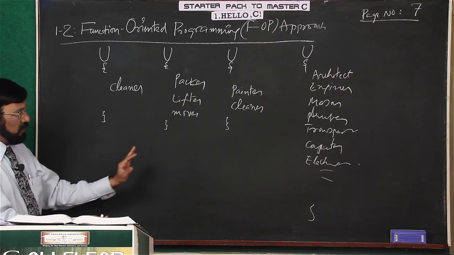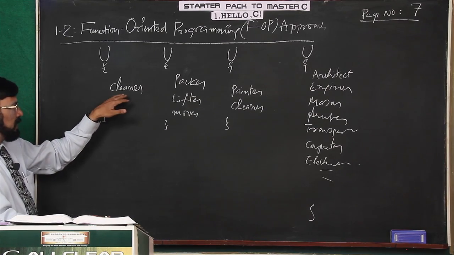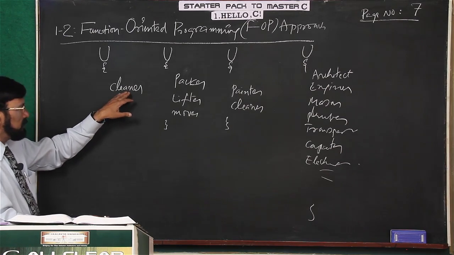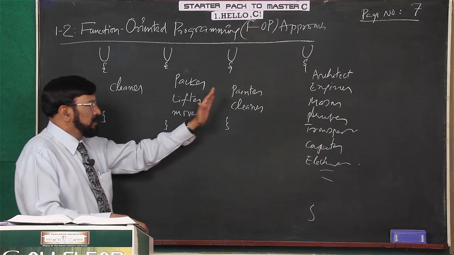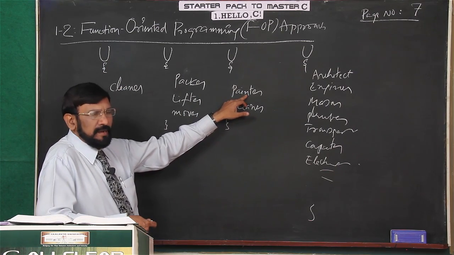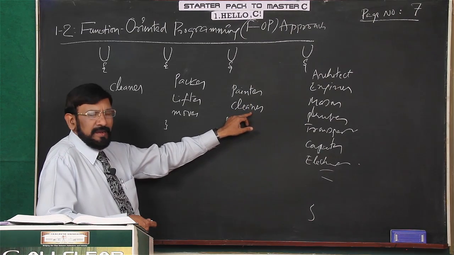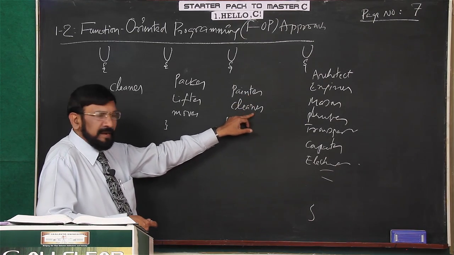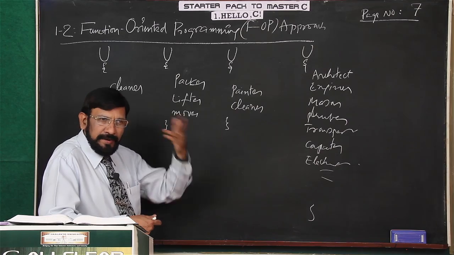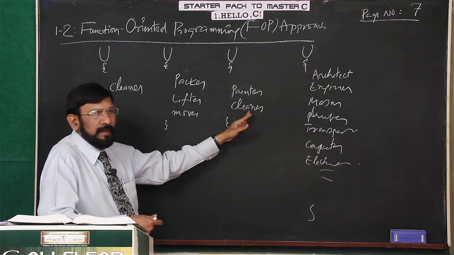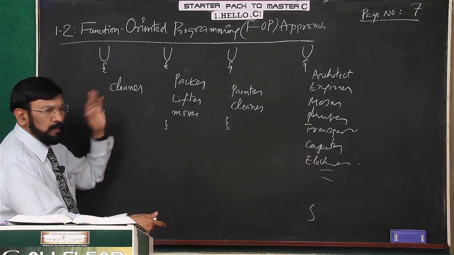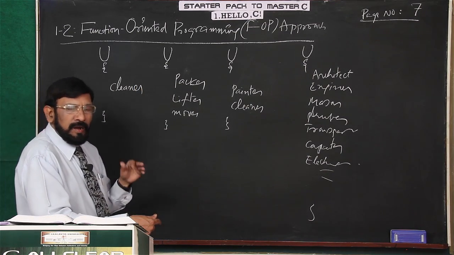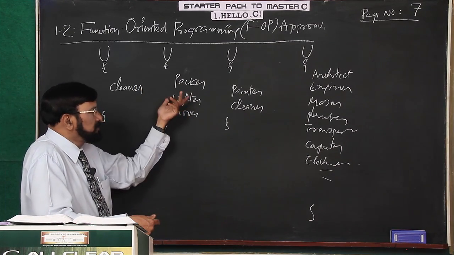So now let us analyze that. By the contribution of the cleaner, your house is clean. By the collective contribution of the painter and cleaner, your house got painted and got clean. By the collective contribution of the packer, lifter, and mover, your house got shifted.